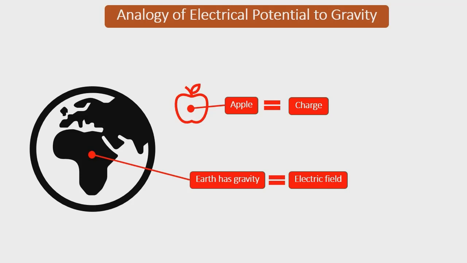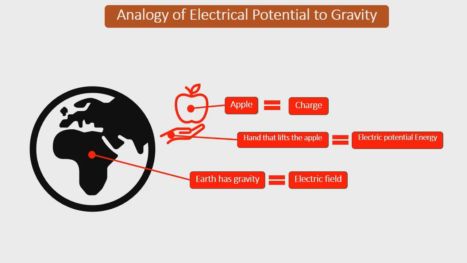Now we are raising that apple from the ground, maybe, or moving on to another position. So by the use of our hand, and that hand will now be the one that will lift the apple from the ground to a higher position. So the hand will be also analogous to the electric potential energy.